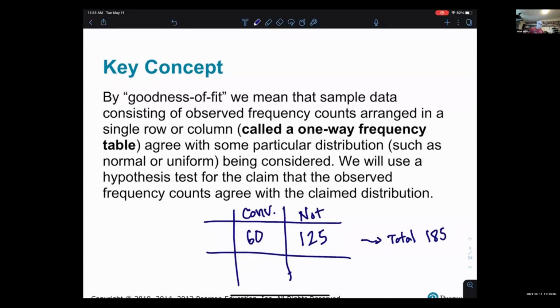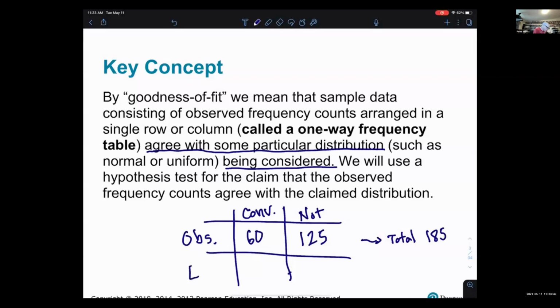All right, so we want to see if the observed frequency counts agree with some particular distribution that's being considered. So, for example, maybe I had some expectation of how many people who drive to DVC drive convertibles. So on the top row, we have the observed values.